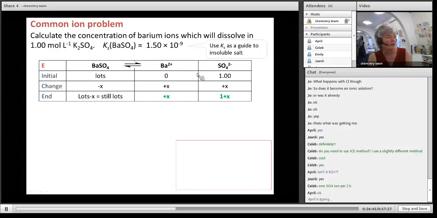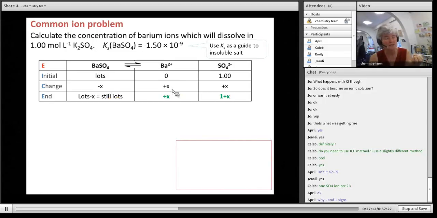So when it's dissolved and it's now back at equilibrium again, this is the end part, I still have lots of barium sulfate. It's sitting there undissolved. Why the plus and minus signs? Because I've very slightly decreased my amount of barium sulfate, because some of my solid barium sulfate dissolved.